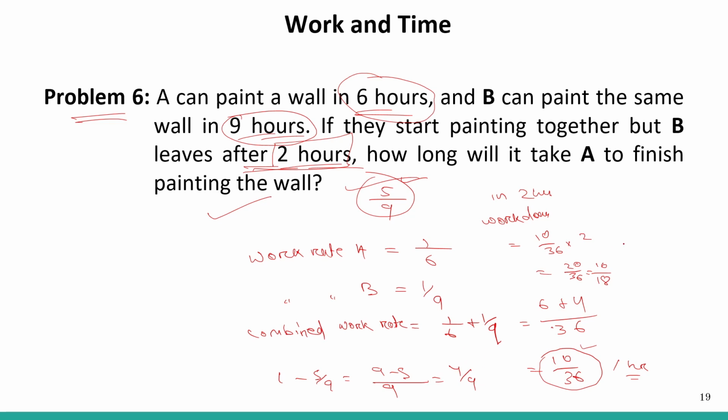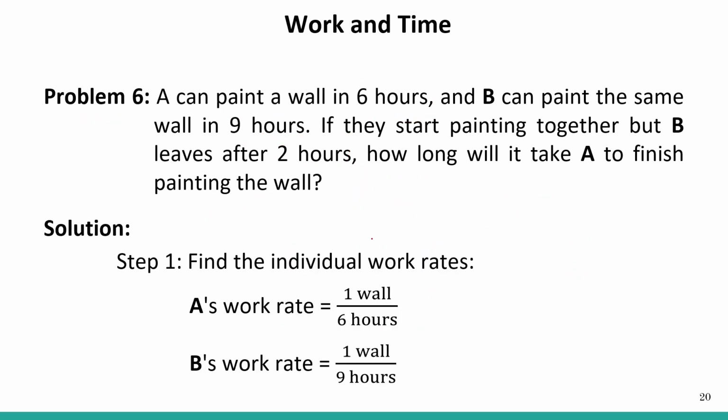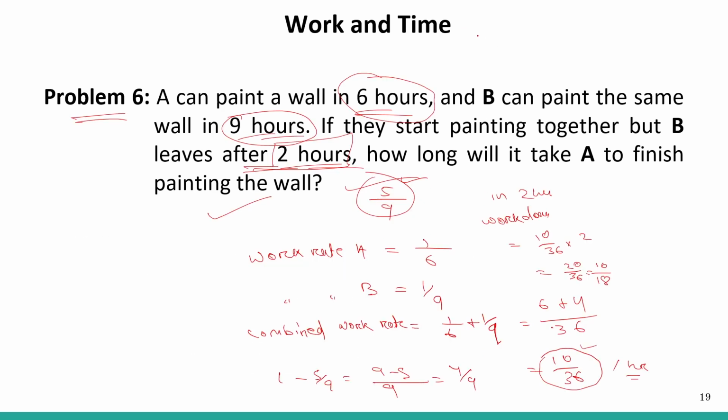How can we know? We can use the formula: time needed is equal to remaining work divided by A's work speed. Remaining work is 4 by 9, and A's work rate is 1 by 6.